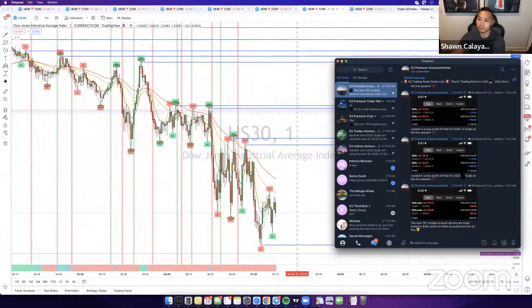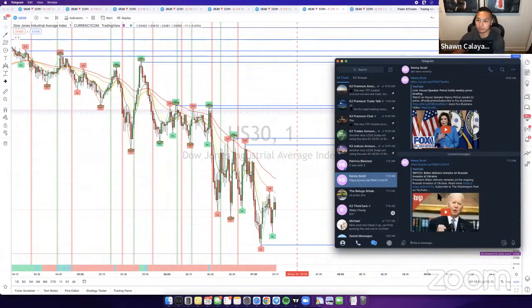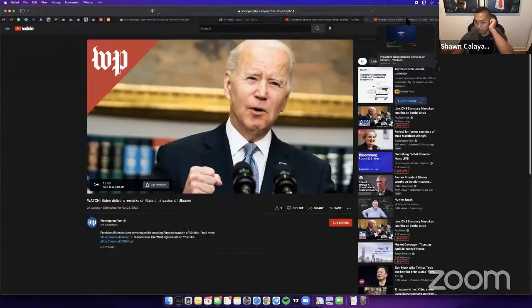If it hit my TP and I still had a loss, it must have been triple, if not quadruple, the spread, which is crazy. Patricia said it was over 300 pips. So it might have been up to like 540 or 550 pips. I've seen it go up that high before. It sucks, but it is what it is. Thanks, Kenny, for the update too.